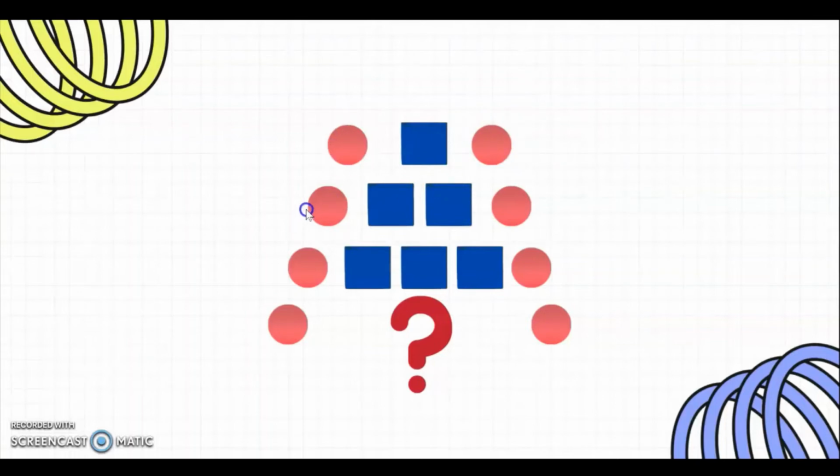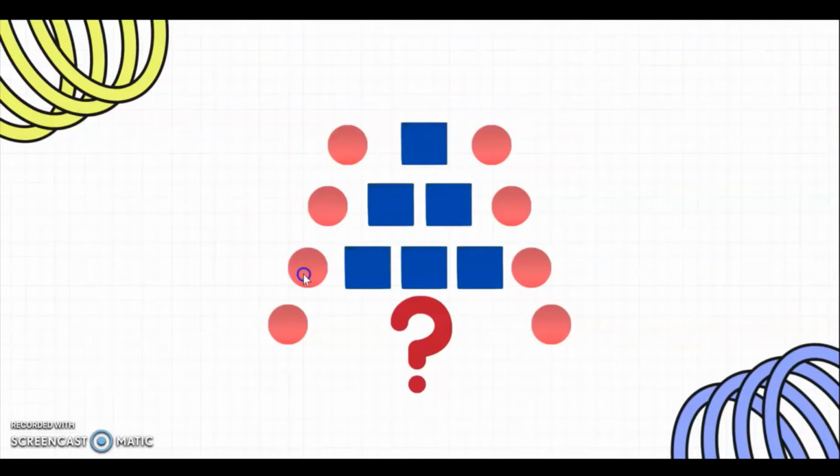The second line is similar to the first, except there are 2 squares in between the circles. Notice a pattern? Okay, let's complete the pattern.